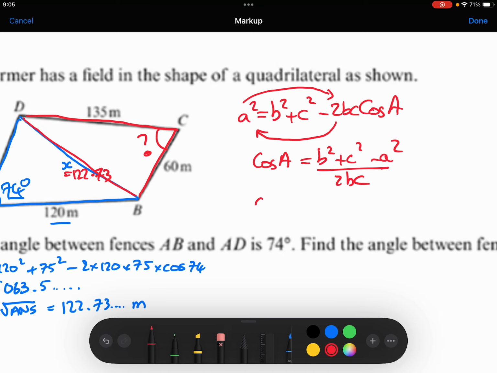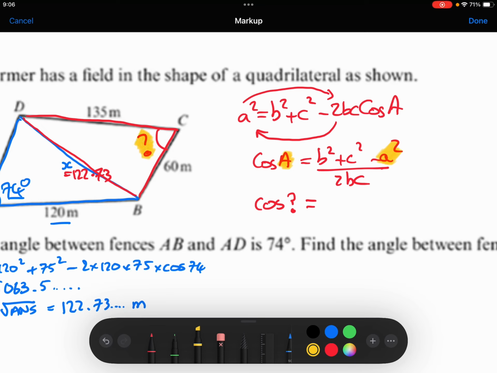Right, so I can use that now. I'm going to say that cos of the question mark, what I'm trying to work out, is equal to, now in terms of labelling up the sides, the only one that's super important is that A has to be the one that's opposite the angle I'm working out.